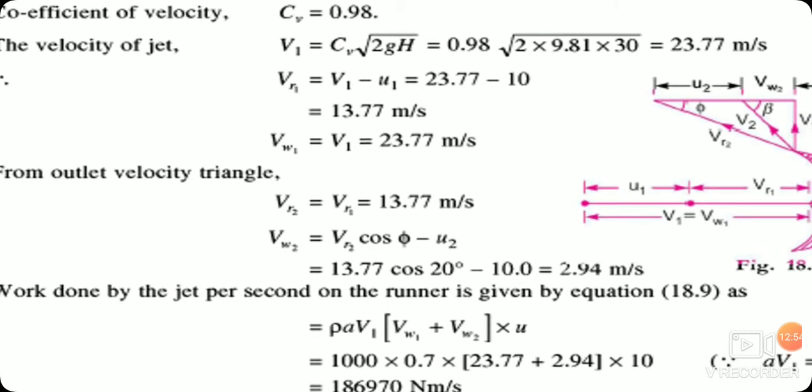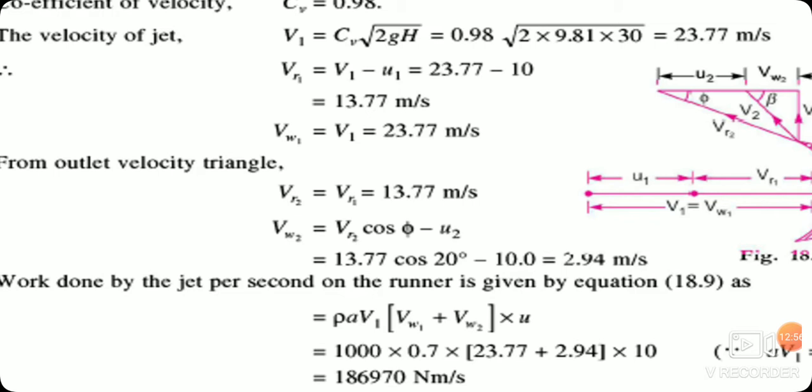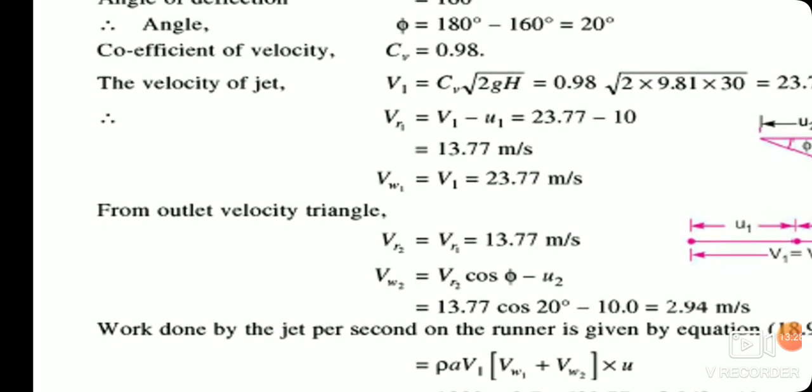Therefore Vr1 is equal to Vr2 is equal to 13.77 meter per second. Using the relation cos phi is equal to U2 plus Vw2 divided by Vr2, we finally get Vw2 as Vr2 cos phi minus U2. When we put in all the values, Vw2 comes as 2.94 meter per second.